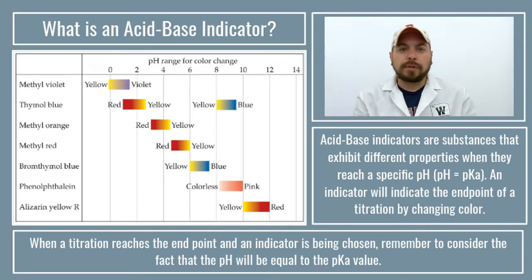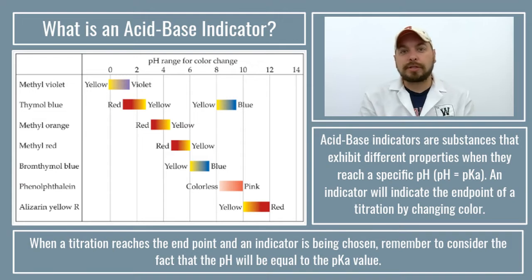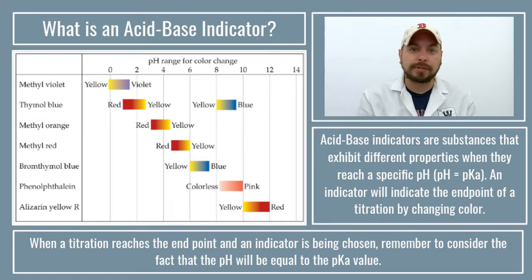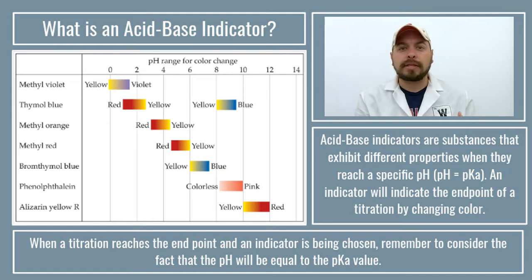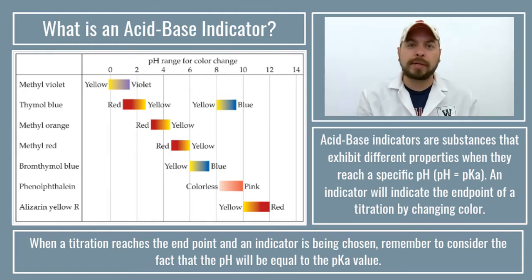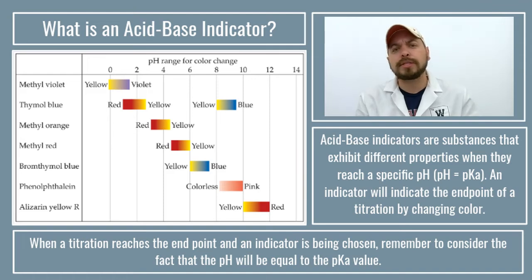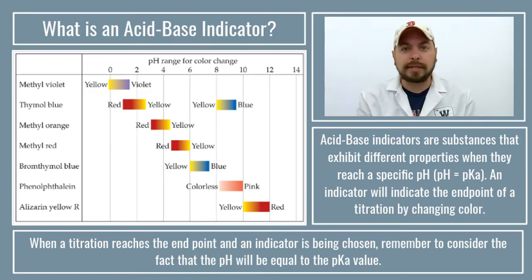Let's get started with a quick definition of an indicator. Indicators are substances that change color. In this unit, we're focused mostly on acid-base indicators. However, there are indicators that aren't for acid-base reactions, for things like redox reactions, for example. But our focus this unit is on acid-base indicators.